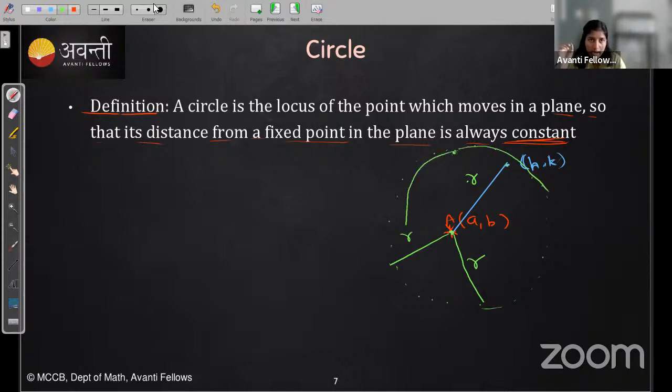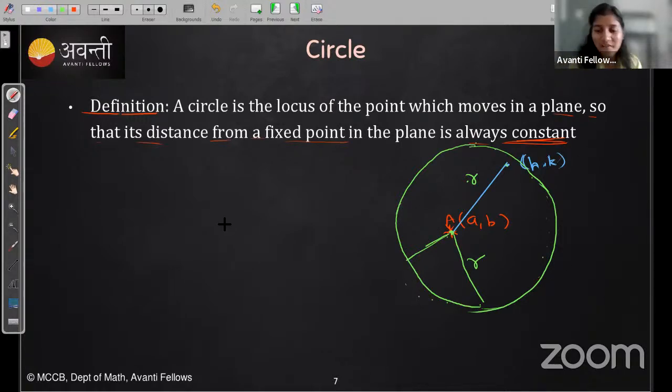Sorry, I'm quite bad at drawing. Just pardon me, just try to understand the circle. When you join all those points, whatever figure we get, it will be a circle.